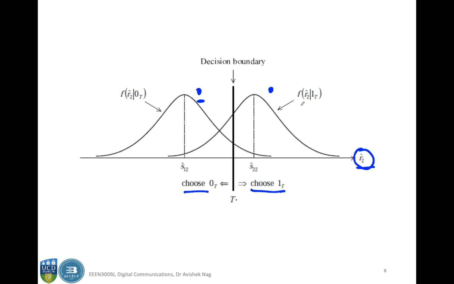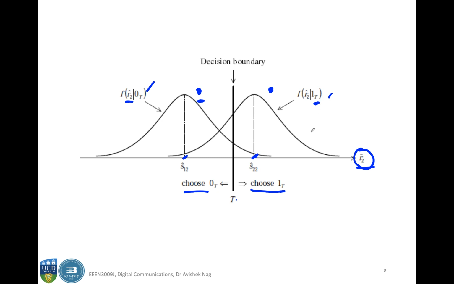Okay, and if you try to plot the conditional PDFs of R2 hat with respect to 0 transmission and 1 transmission, then they are Gaussian distributions like this, with means S12 hat for this one and S22 hat for this one.